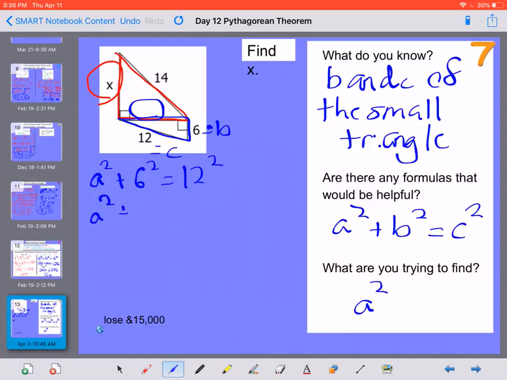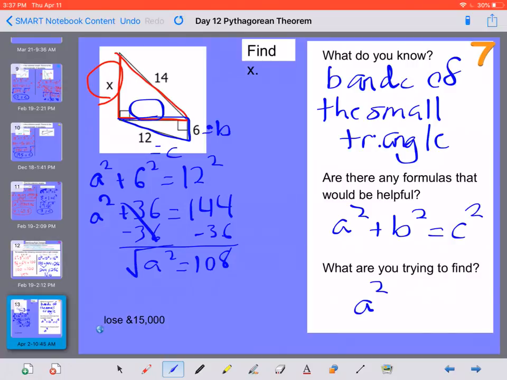So a squared plus 36 equals 144. We subtract 36. And a squared equals 108. Then if we find the square root of 108, a is going to equal 10.39.